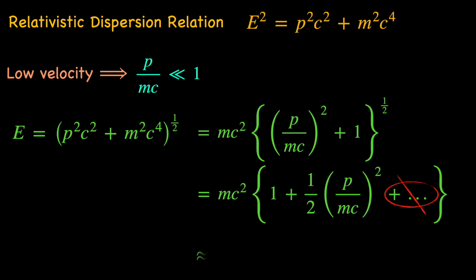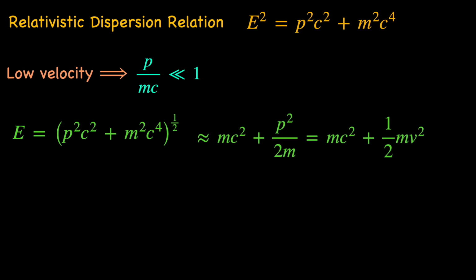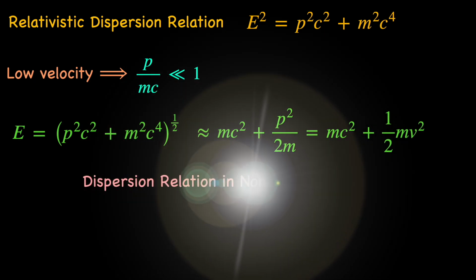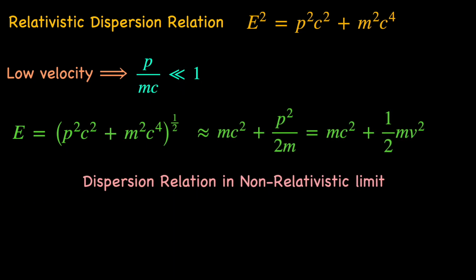Simplifying, we get the non-relativistic dispersion relation, which says energy equals p squared upon 2m plus mc squared. Since in our non-relativistic limit p is just mv, this is nothing but the familiar non-relativistic kinetic energy term half mv squared and the rest mass energy that we have seen in earlier videos. So we do have a consistent non-relativistic limit of our relativistic dispersion relation.